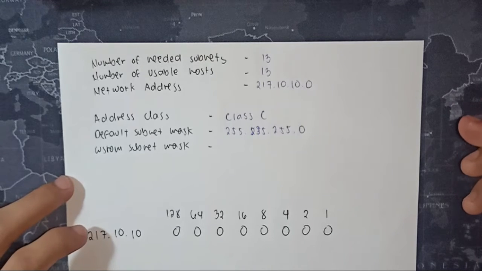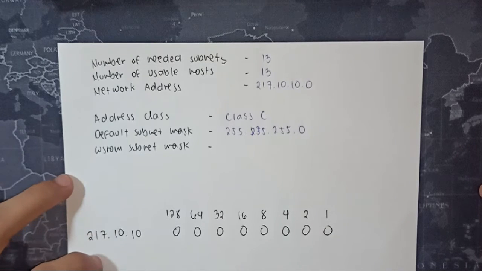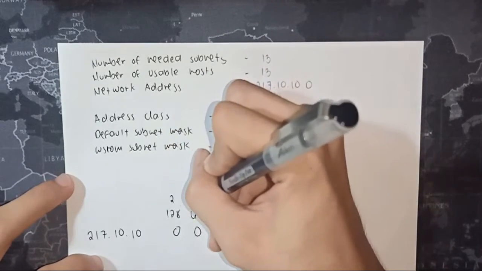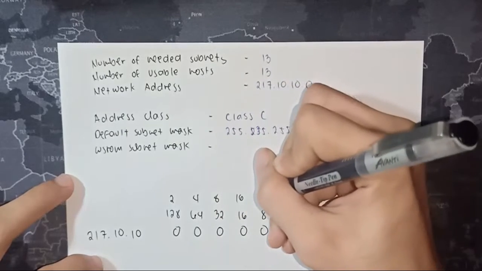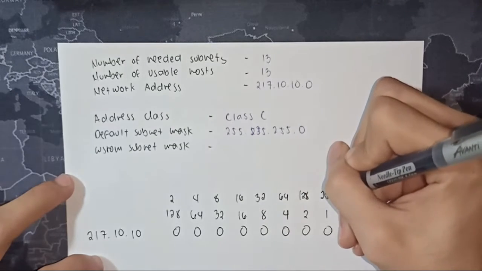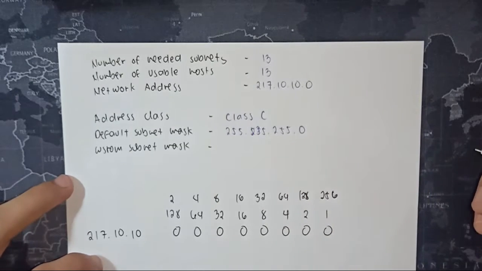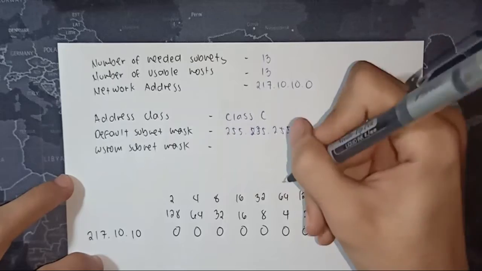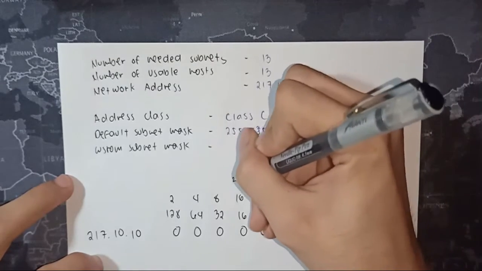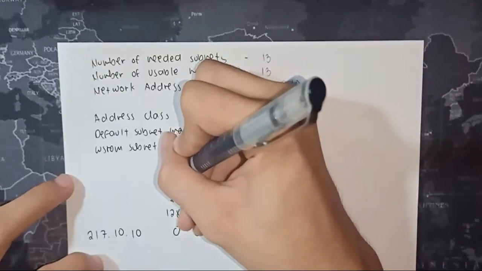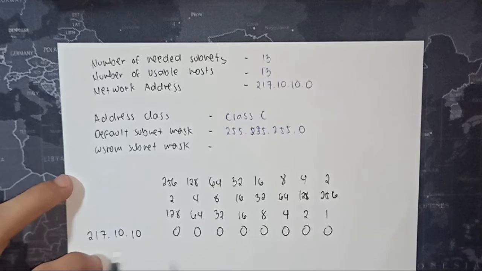Next thing we are gonna do is write down the number of subnets from left to right. The next step is write down the number of hosts from right to left. Now we have this table.